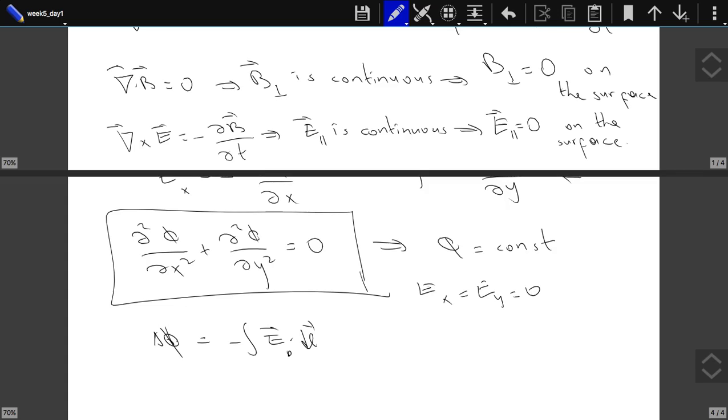The second derivative of phi with respect to x squared, for example, is 0. So why don't we assume that phi is something like a first order combination of x and y? You say, I'm not assuming that the second derivative of phi with respect to x is 0. I'm saying that its second derivative with respect to x plus its second derivative with respect to y is 0. The second thing I know, phi is constant on the boundary.